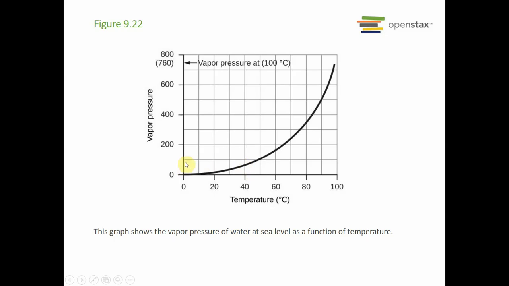It looks like it's actually more than 50, about 75 torr, 75 millimeters of mercury at 40 degrees C. And that's about 1/10 the total pressure of the atmosphere.